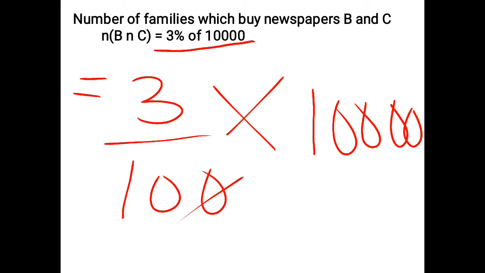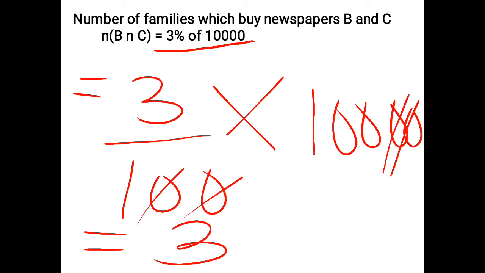All right, so 2 zeros will cancel 2 zeros. You are left with 3 times 100, which is 300 families. So make sure you write the families in full because of the space.